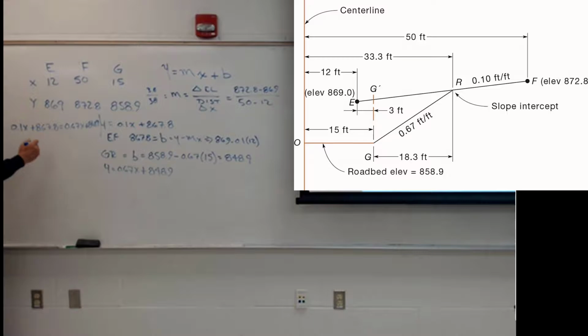Can I then go ahead and solve this and say that 867.8 minus 848.9 is equal to 0.67x minus 0.1x. 867.8 minus 848.9 is 18.9, which is equal to 0.57x, which says x is equal to 18.9 divided by 0.57, or 33.2.